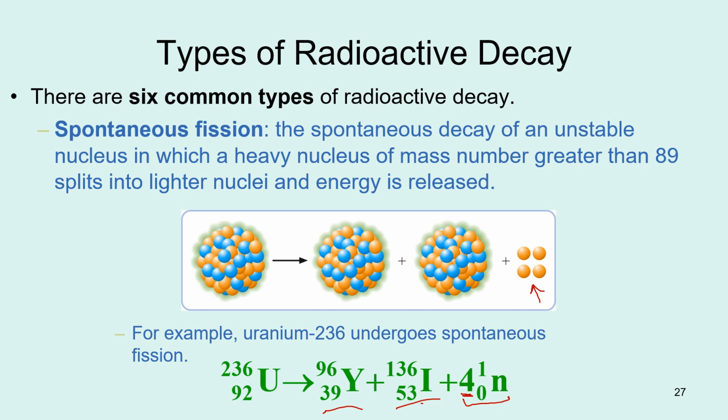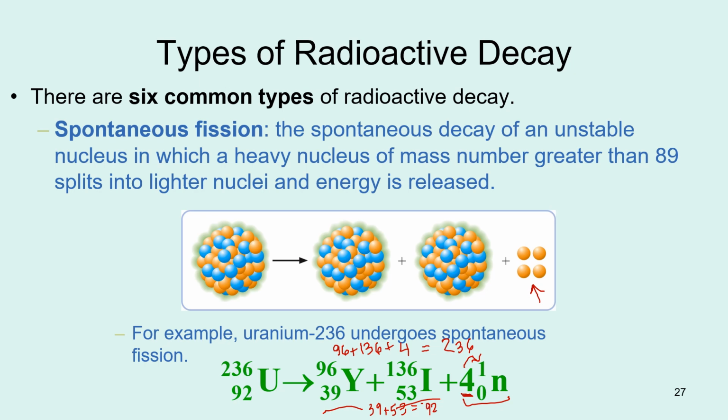In my total, this is 96 plus 136 plus 4 times 1, so 4 gives you 236. Of course, the 0 doesn't matter. On the bottom, 39 plus 53 is 92.